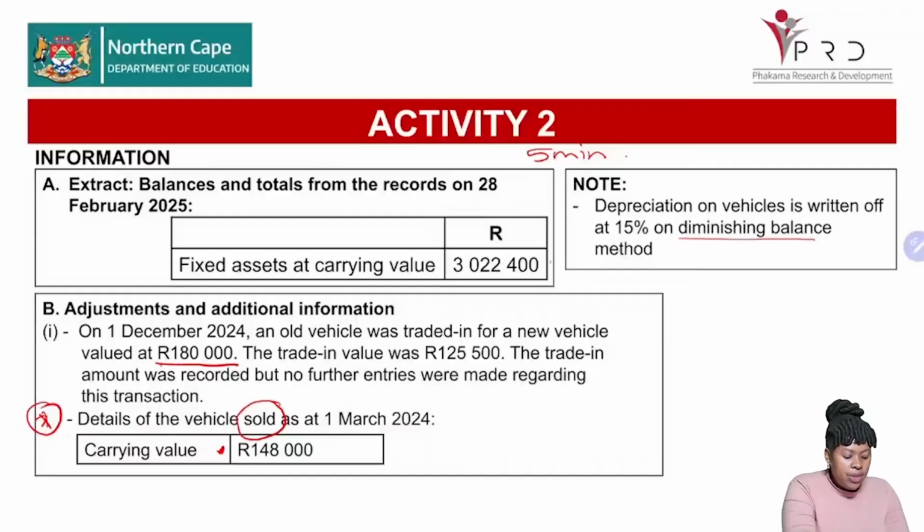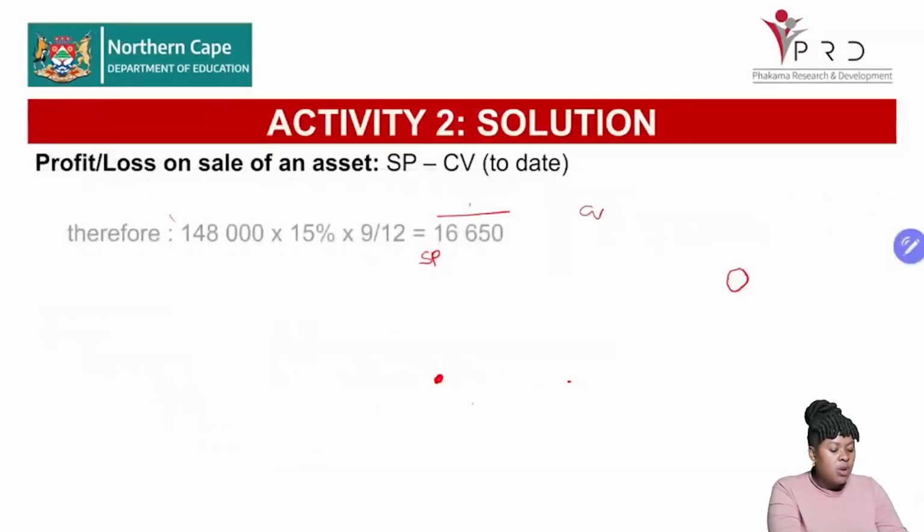Okay, and then the trade-in value was 125. Okay, we've already taken that into consideration. And then obviously it has then depreciated.